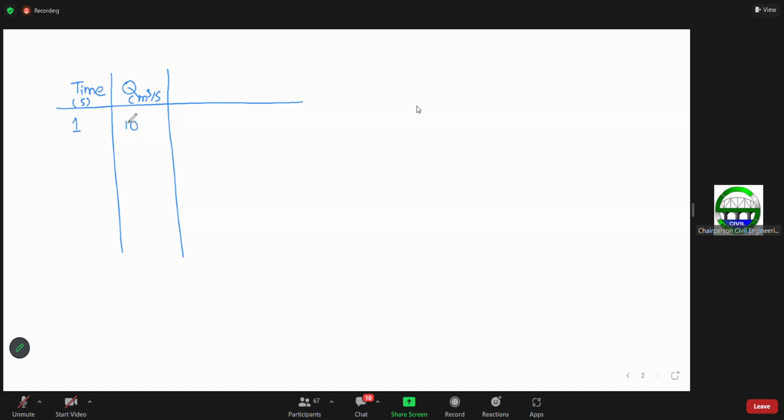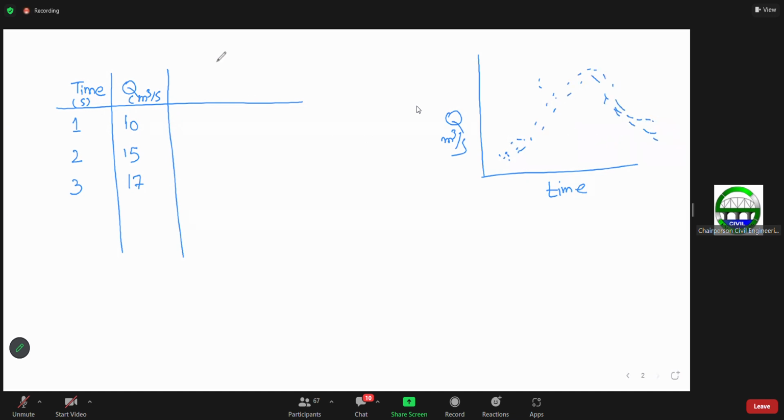Let's say at 1 it is 10, at 2 it is 15, at 3 it is 17, right? So when we make a graph, time versus Q, there will be some points like this way. So we will draw a best fit line that represents our stream flow, right?